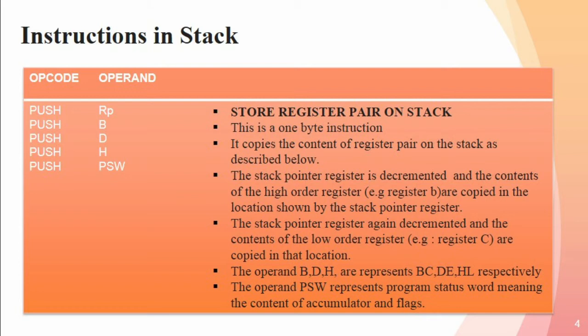The operands B, D and H represent register pairs BC, DE and HL respectively. The operand PSW represents program status word, meaning the content of the accumulator and the flag register.